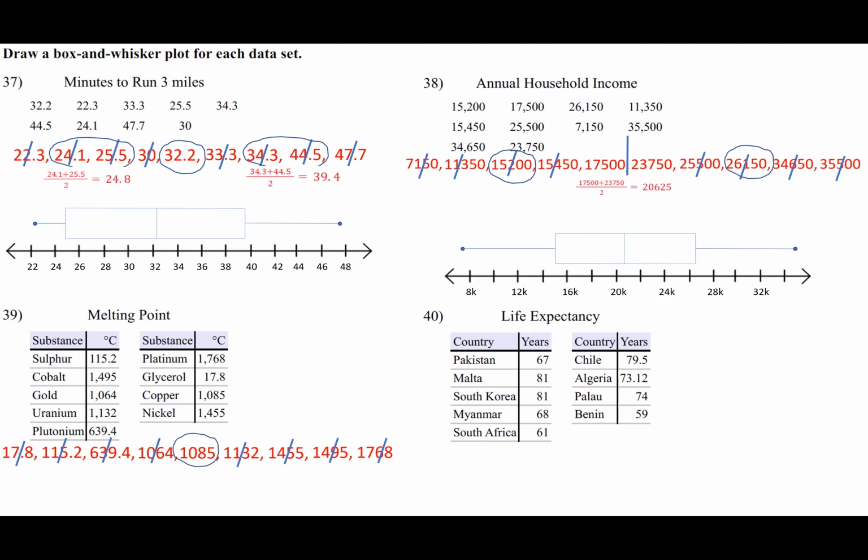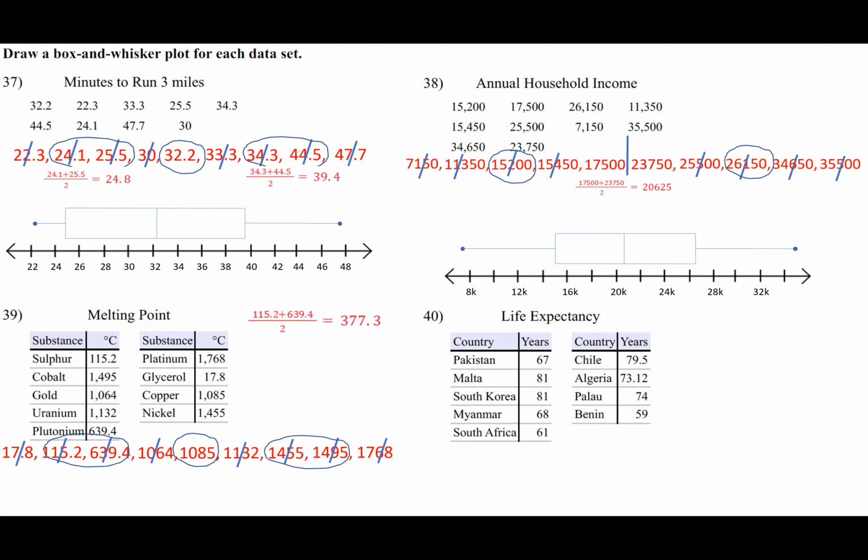I notice that to the left of my median, there are 4 numbers. I want to find the center, and that will be in between 115.2 and 639.4.